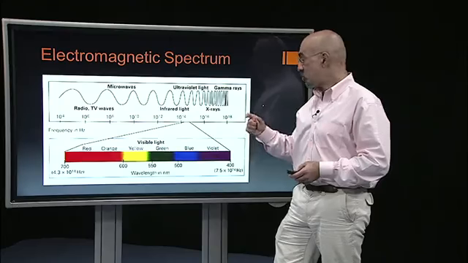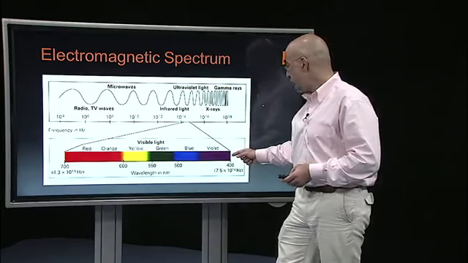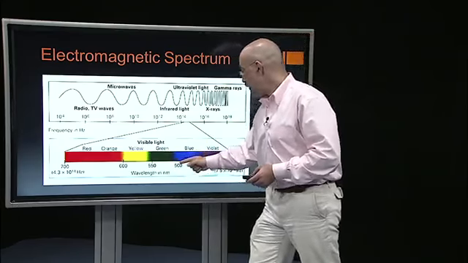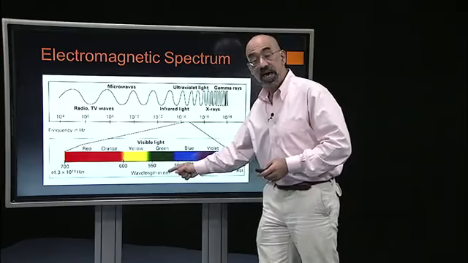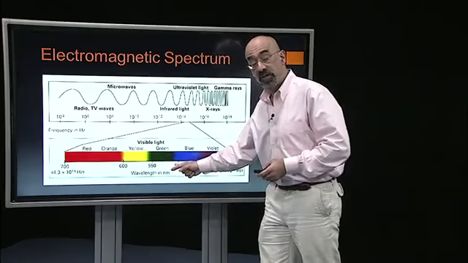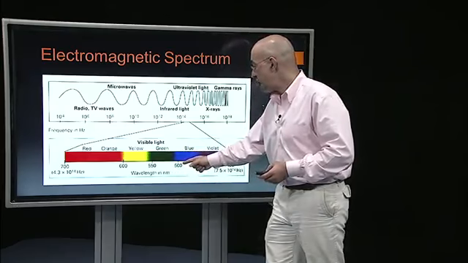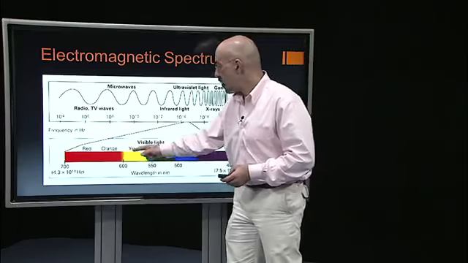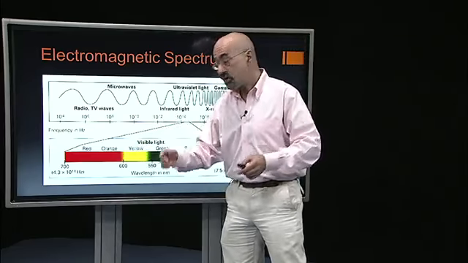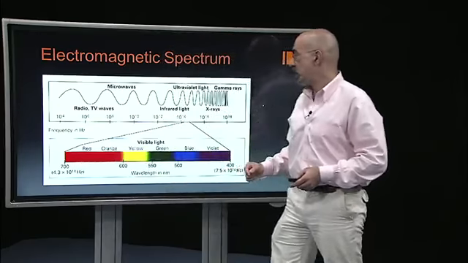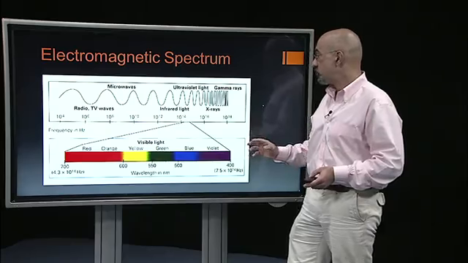If light has a shorter wavelength, visible light might appear blue or violet. The wavelengths here are expressed in nanometers, or billionths of a meter. Blue light is emitted at about 500 nanometers. Yellow light, the wavelength's a bit longer, 600 nanometers, while red light is about 700 nanometers.